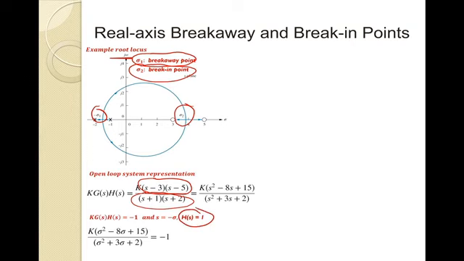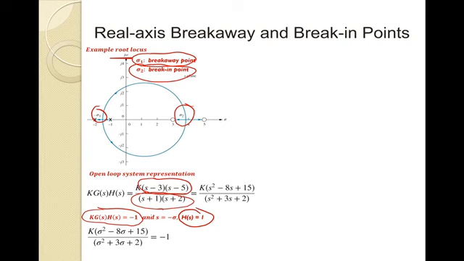Assuming H is a unity feedback gain, H equal to 1, we can make that as an assumption. Now, we saw in a previous module that if we set kGH equal to -1, then we know that test point, s equals negative sigma, is on the root locus because we're satisfying that condition, kGH equals -1.